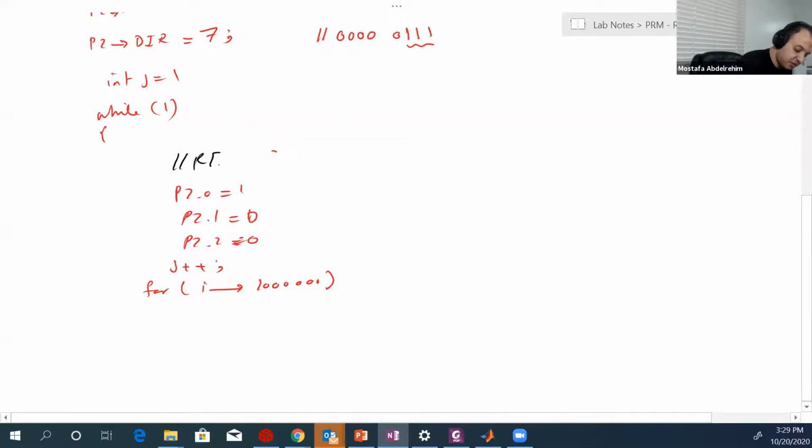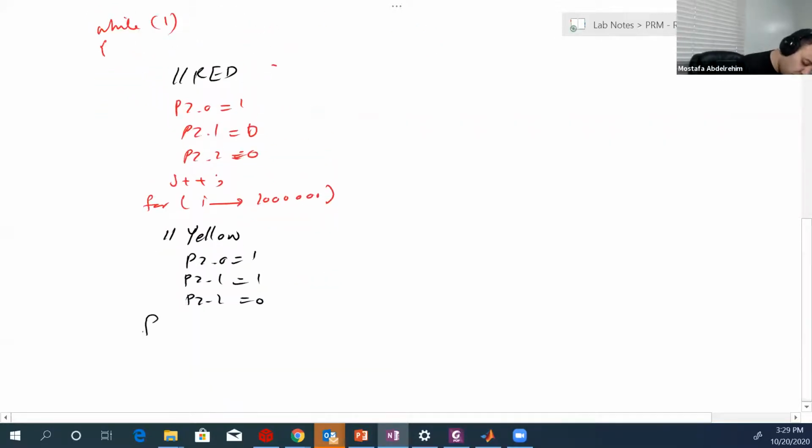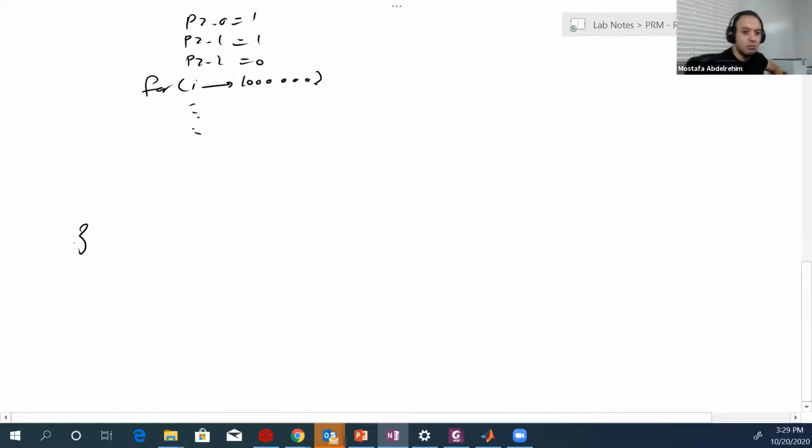So for example, red first. Then for example, yellow. So here B2.0 equal to 1, B2.1 is equal to 1, B2.2 is equal to 0. Then you do again the for loop. Then the other color until finally the white. I think the last one is white, in which all of them are equal to 1.